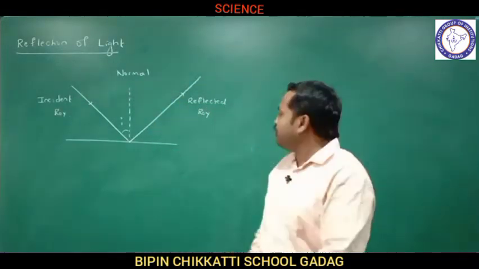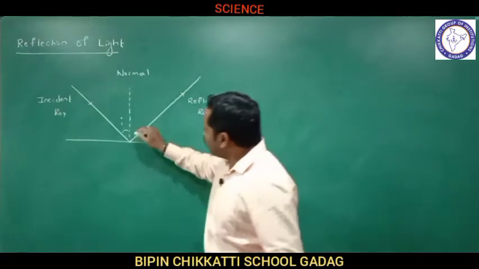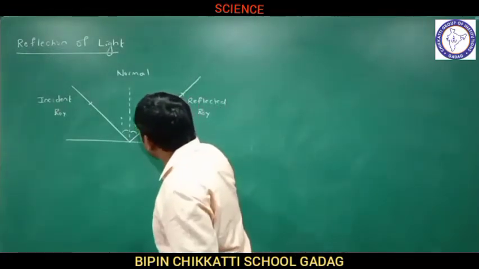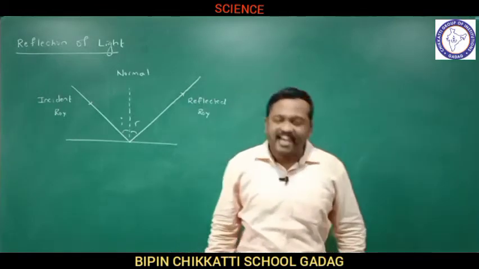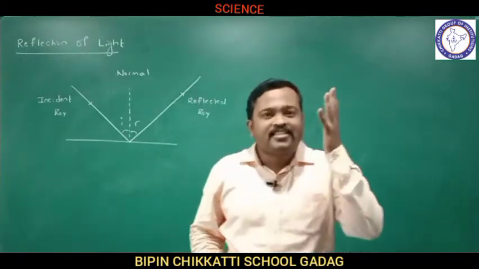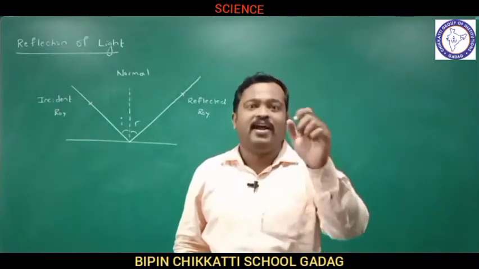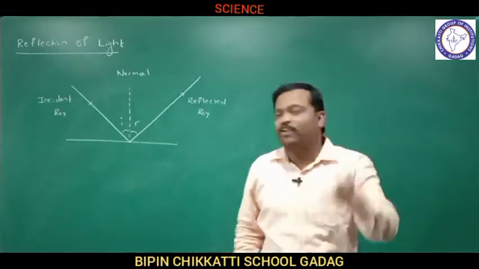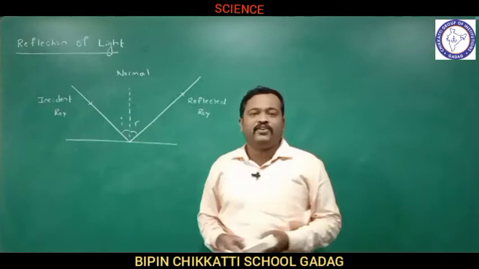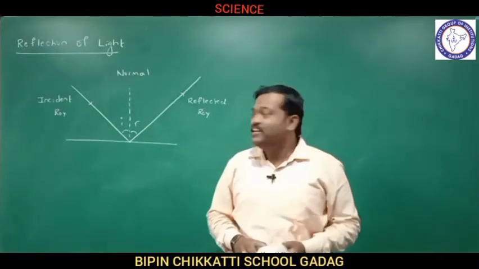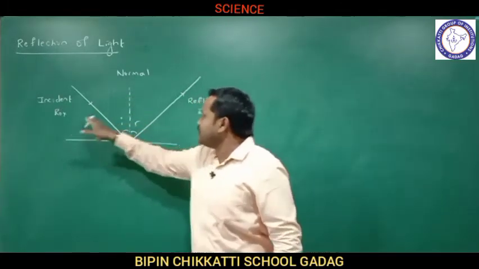The angle between the reflected ray and the normal is called the angle of reflection. Do you understand what the need of a normal is? We imagine a normal line to calculate the angle of incidence and the angle of reflection. So this is the normal, this is the incident ray, and this is the reflected ray.